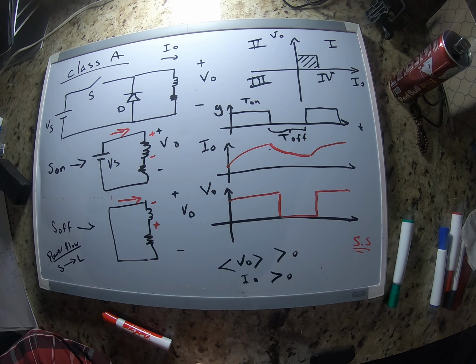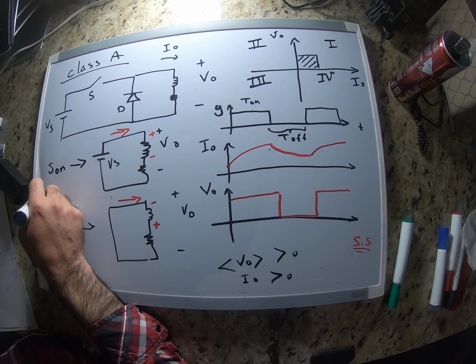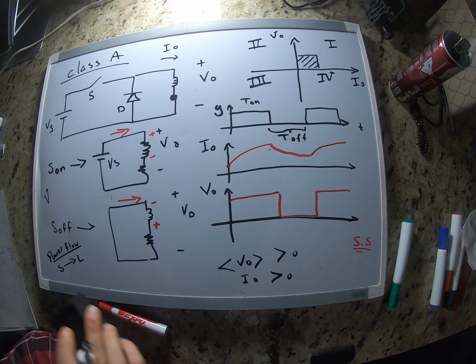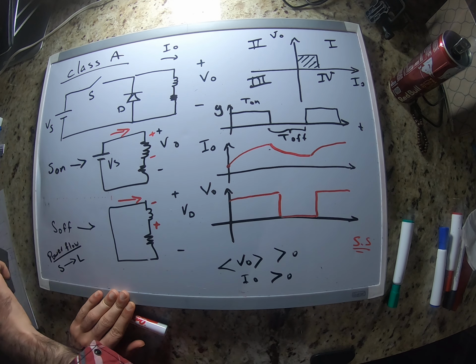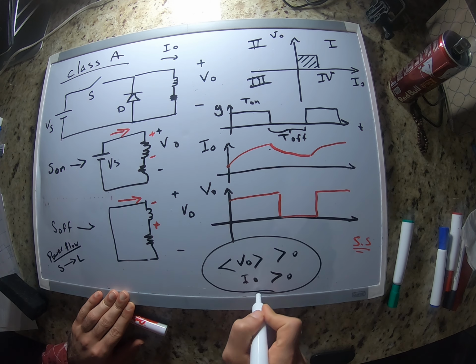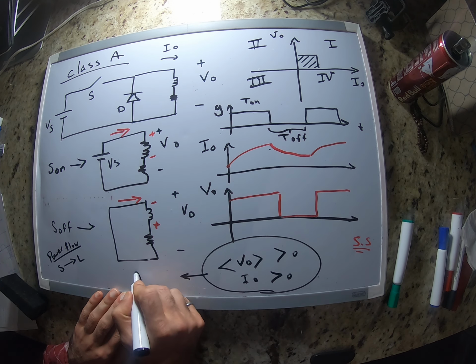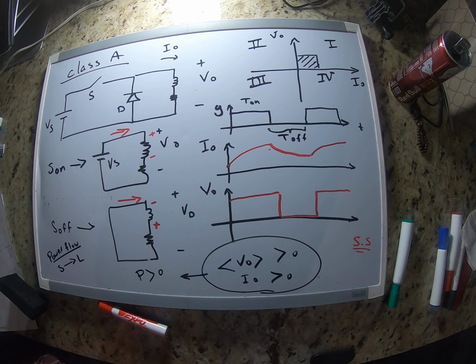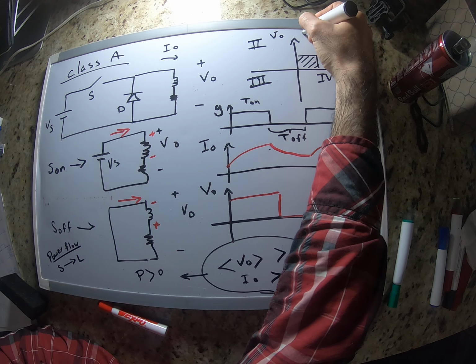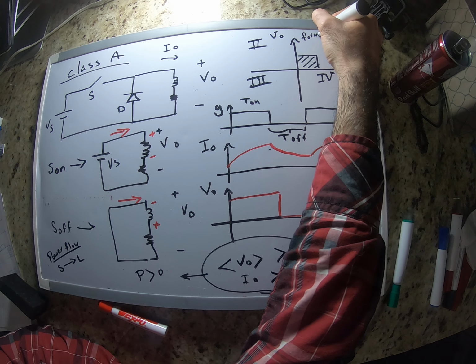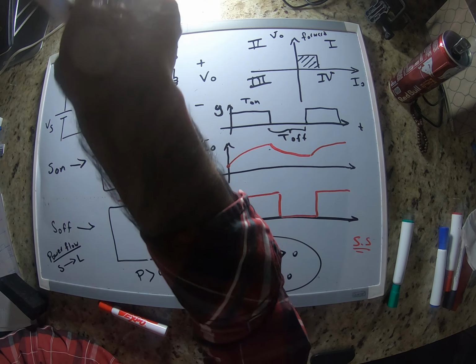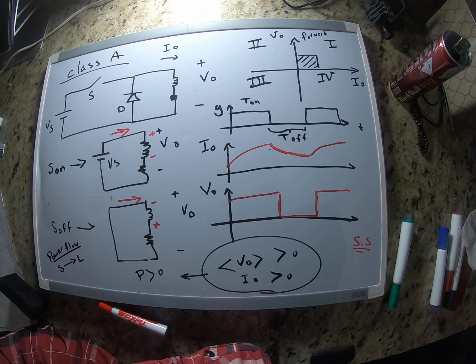The application of that, as you can see, this is the case where voltage and current are both positive, as we saw here, right? So it means that the power is going to be positive, right? So this is for the case that we want to operate a motor in forward, and by forward, let's assume that we say clockwise.